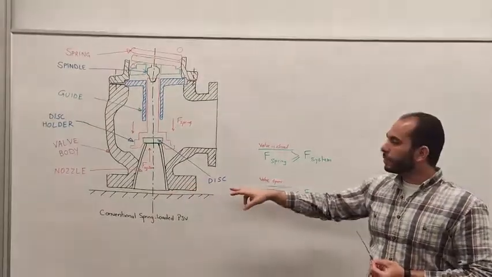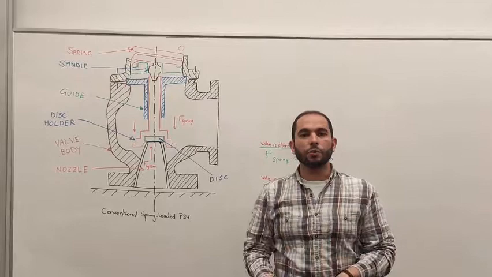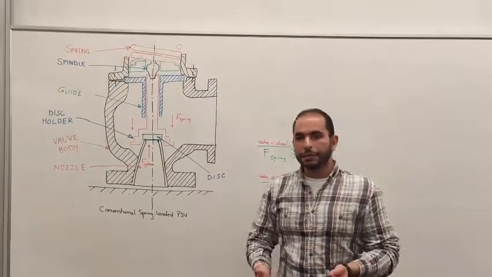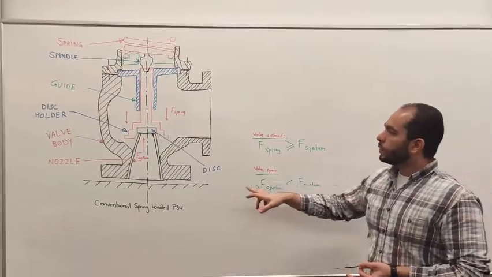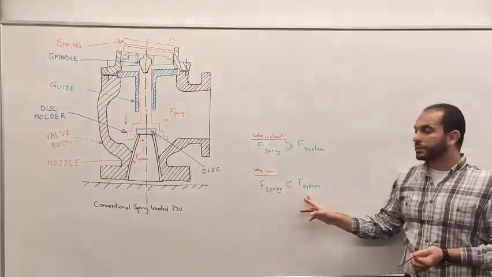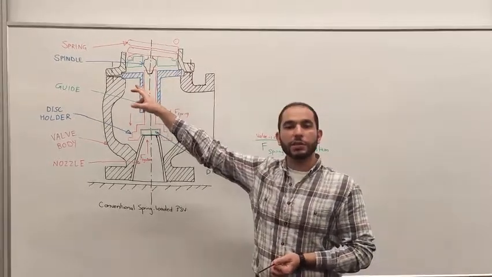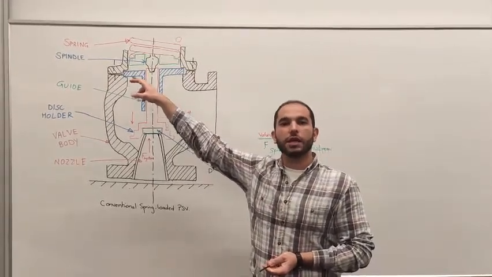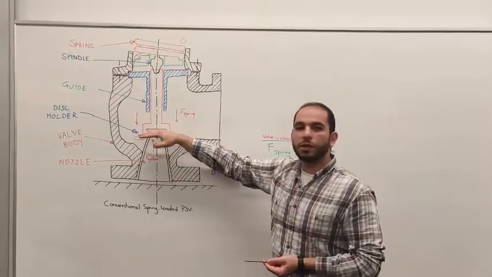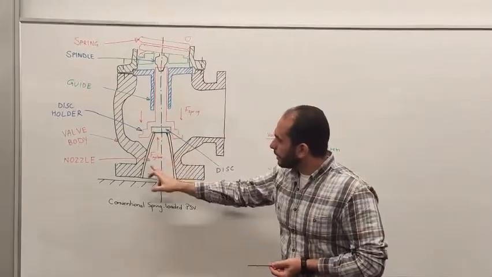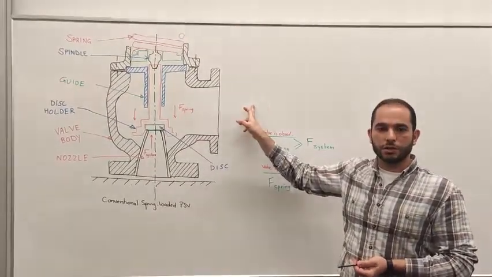In the case that the pressure in the system increases more than the designed operation pressure, then the force acting on the disc, denoted here as the system force, would be larger than the force resulting from the spring action, causing the disc to lift up, allowing the media inside the pressure system to come out from the outlet nozzle.